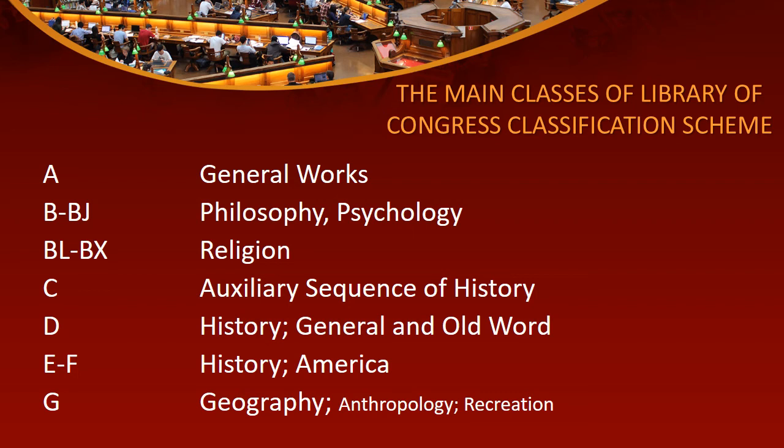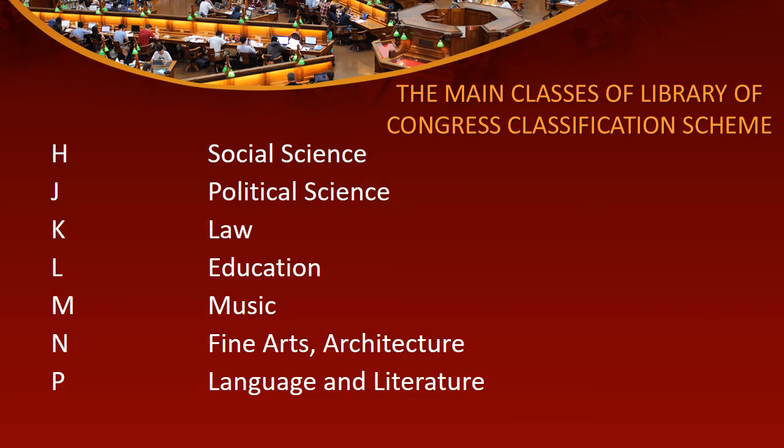G for geography, anthropology, and recreation. H is for social sciences, which include sociology, education, management, economics, commerce, financial accounting, and the rights.